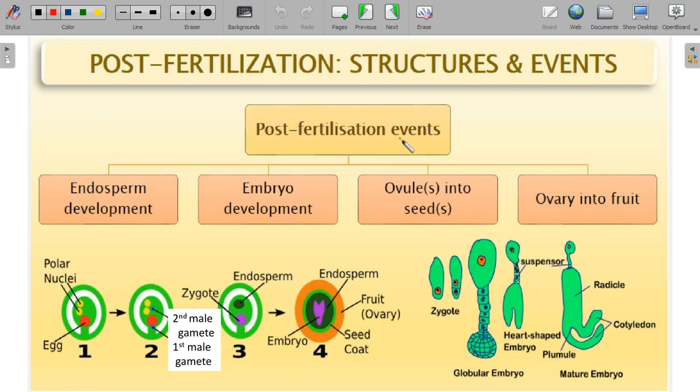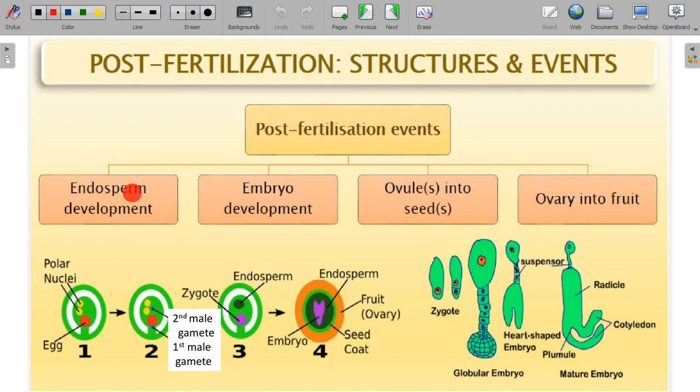So, what are the four important events that occur in post-fertilization events? Endosperm development must take place. Endosperm is the product of option A syngamy, option B triple fusion? Yes, triple fusion. It is a product of triple fusion. So the endosperm is required.